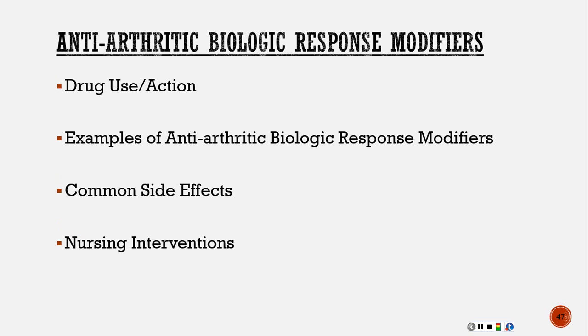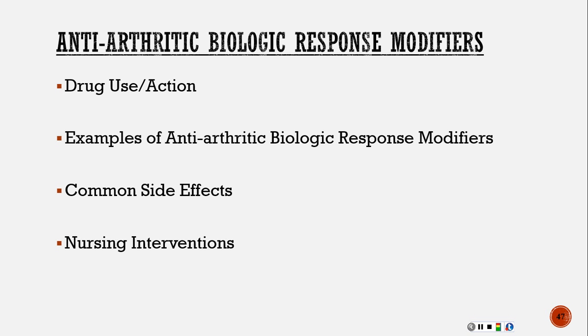All right, some of the other anti-arthritic biologic response modifiers. These are just newer DMARDs. Okay, this is just a newer classification of the old disease-modifying anti-rheumatic drugs. These are used to treat severe rheumatoid arthritis in individuals that do not respond to the first line DMARDs.